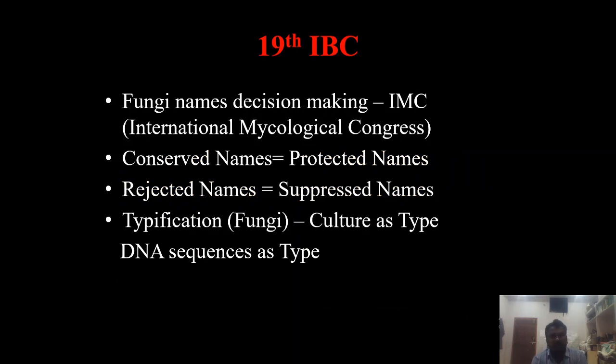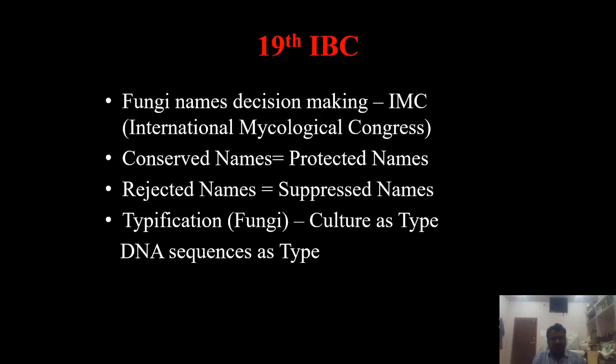Let us come to the major issues of the 19th International Botanical Congress. The fungal species names were decided by the International Mycological Congress, and the concerned names are also called protected names.